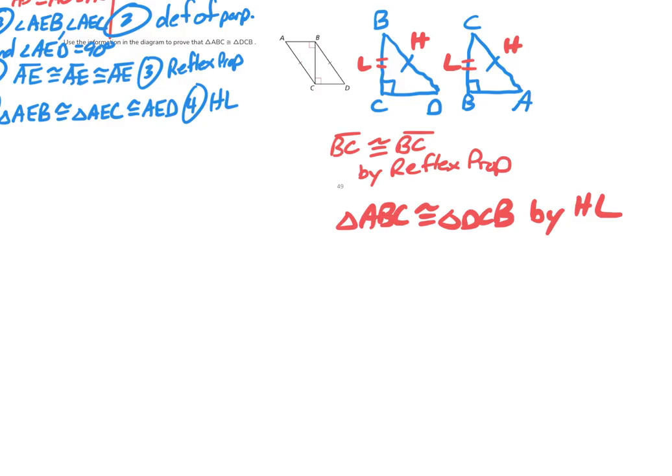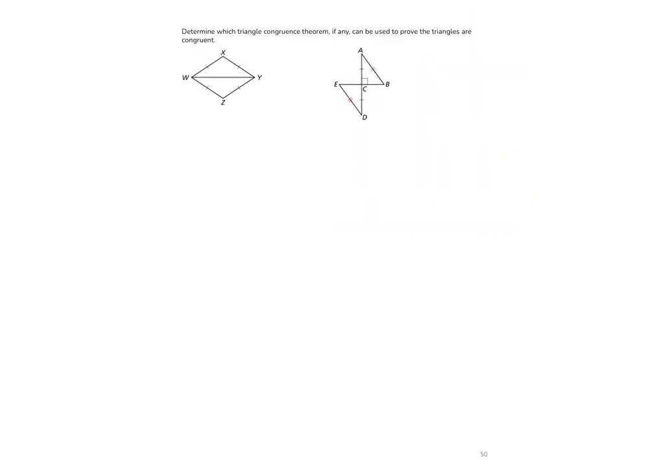All right, let's look at the next page. Look at those two and try to determine if those triangles are congruent, and if so, why. And you can use any of the theorems that we've used up to this point, okay? I'm also going to add another one to the mix here.